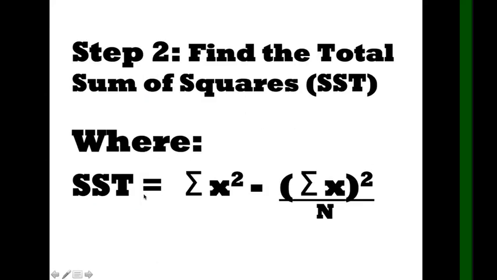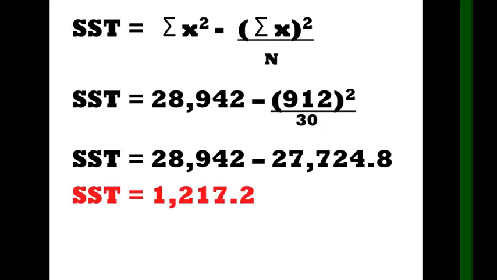Now, for step 2, find the total sum of squares. That is the SST, where the formula is summation of x squared minus quantity summation of x, squared, over n. The n is capital, therefore we will use 30 as the value of n. So we have 28,942 as we computed a while ago, minus the summation of x, which is 912, squared over 30.